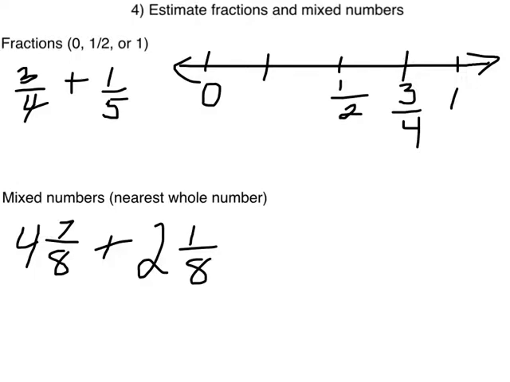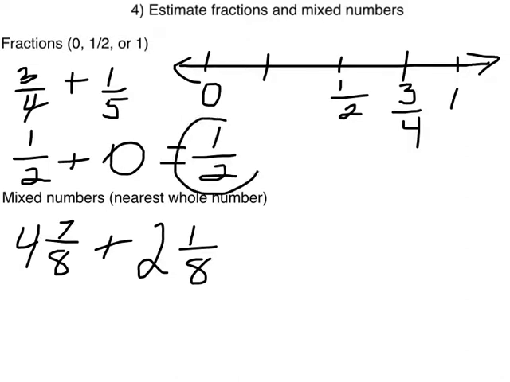So, looking at our other fraction, 1/5, I'm going to actually take this down to a half, because 1/5 we know is closer to 0. So a good estimate for this problem is a half, because 1/5 would be right into here, and of course that's closer to the 0.